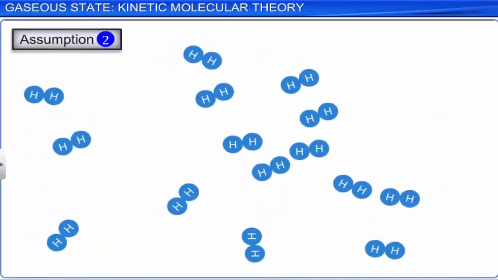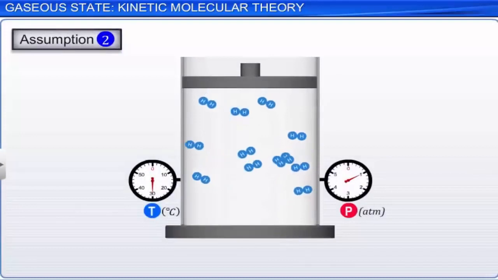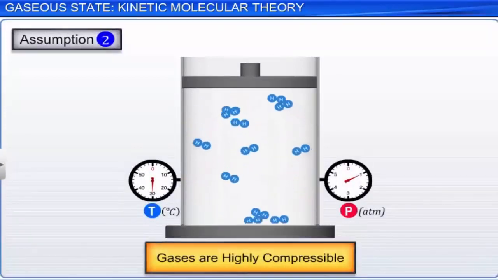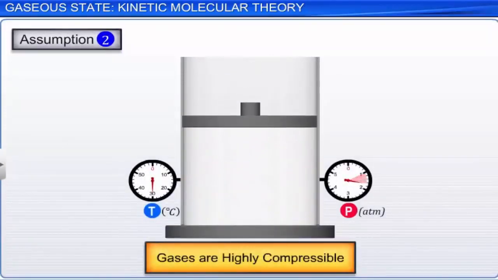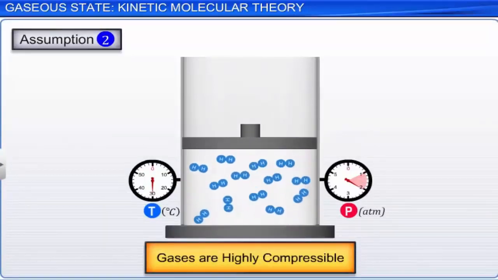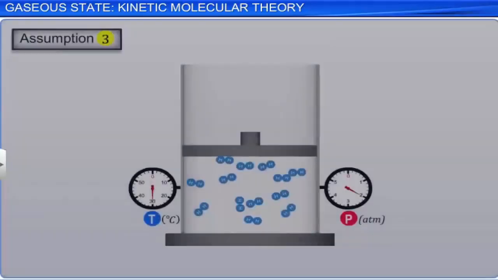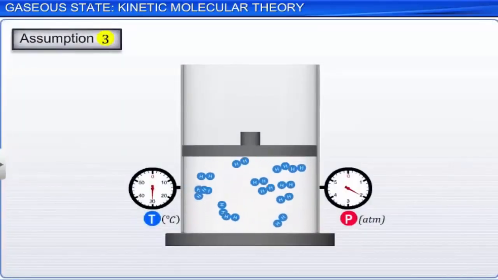This assumption is true as gases are highly compressible. Hence, the actual volume of all the molecules of gas is negligible. Attractive and repulsive forces between the molecules of a gas are negligible as they are much away from each other.